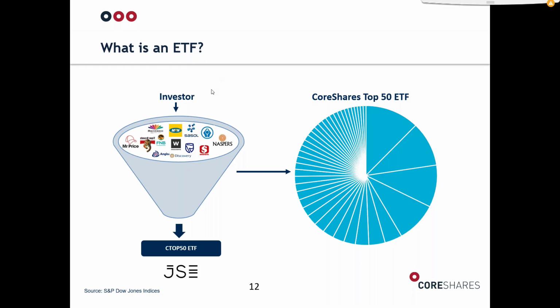And in the same way, you have an ETF scheme with ring-fenced underlying portfolios, which is managed by a management company. So in the example of CoreShares, Index Tracker Managers is our Manco, and we've got a separate scheme which is managed by the Manco. So yes, the structure is identical to a unit trust.